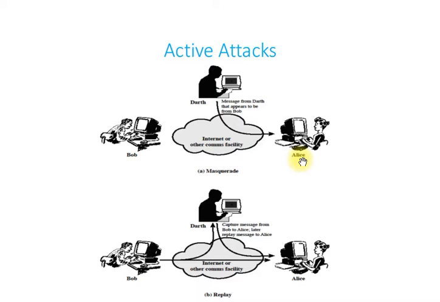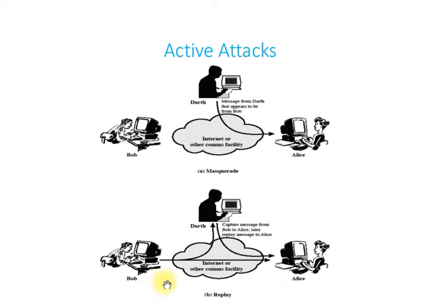Active attacks, on the other hand, if you observe the diagram, the other guy, instead of Bob, sends a message to Iris pretending to be Bob. So that's masquerading.